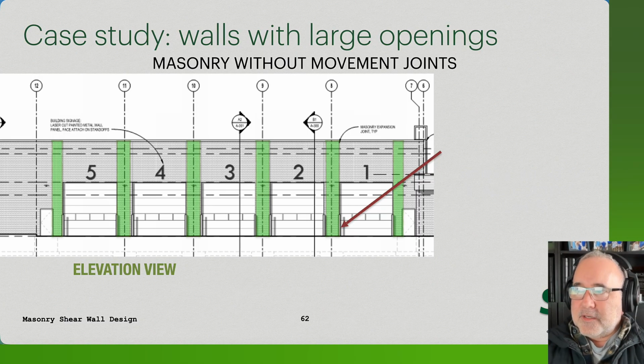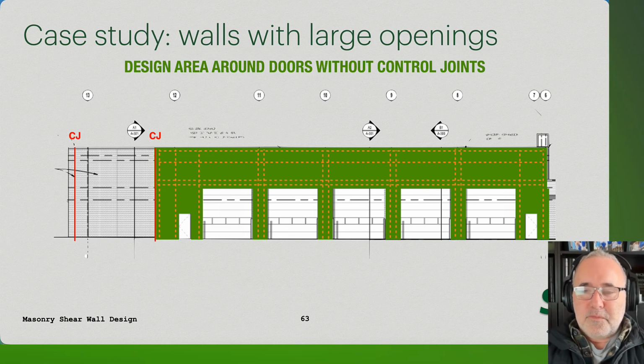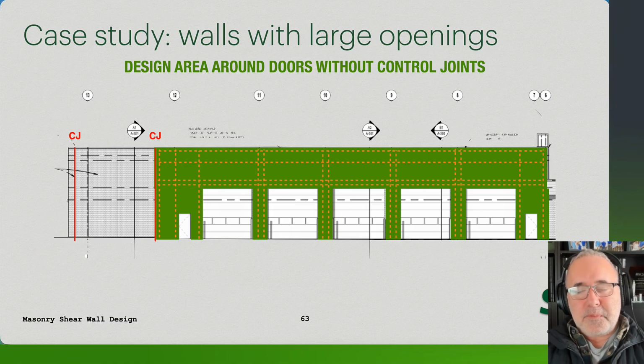We have good presentations on just movement joints where I talk about this at some length, but moving those control joints away can increase the overall shear wall capacity of this elevation fairly significantly. So we want to make sure that we take into consideration where movement joints go in all openings, but certainly if we have a series of openings that are stacked up one after another, we want to make sure that those movement joints are away.